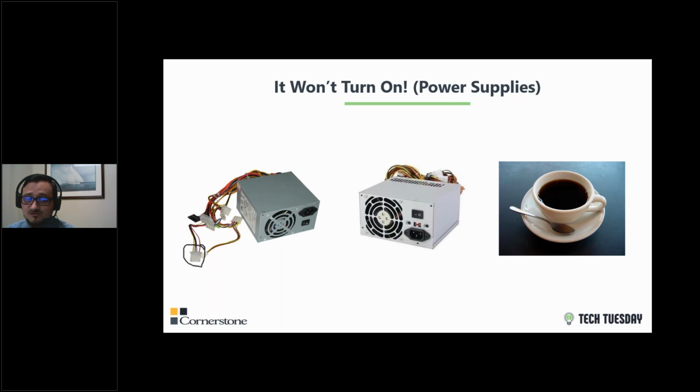Some of them also use SATA power cables, which is this black one back here. And if you've ever heard the term SATA before, it's just a connection. It looks like a little L, and all it does is supply power to your device or transfers data. No need to be scared of it.